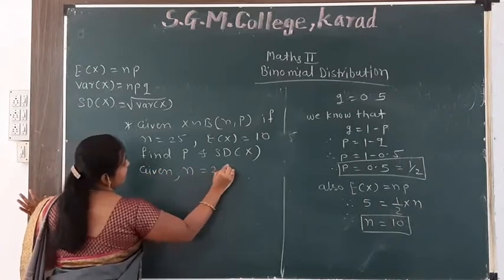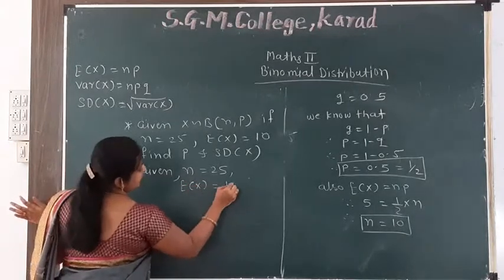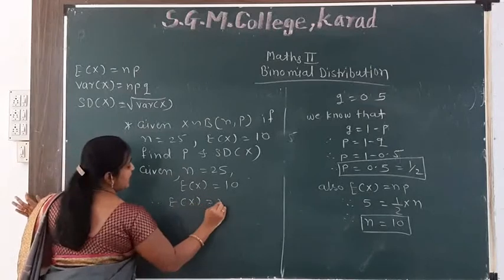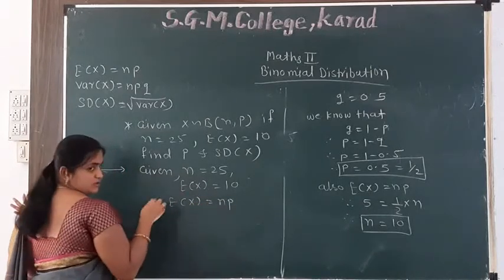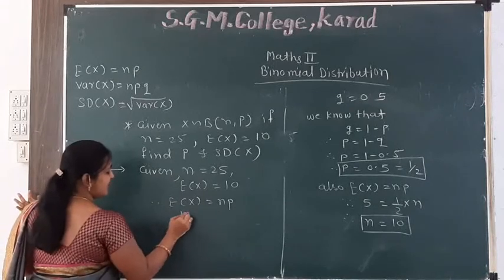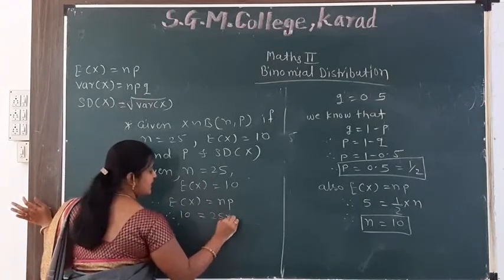n is equal to 25 as well as E of x is equal to 10. So, therefore, E of x is equal to n multiplied by p. That is the formula. We substitute here the values. What is the value of E of x? 10. What is the value of n? 25, multiplied by p.